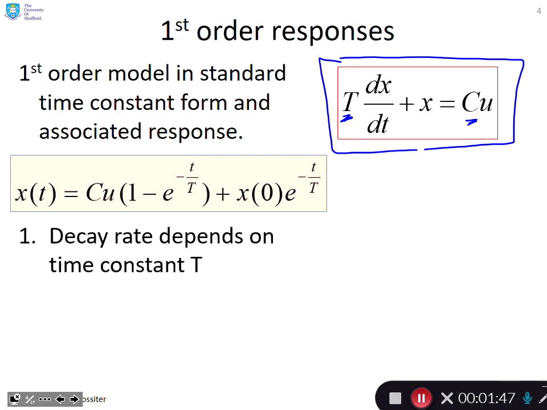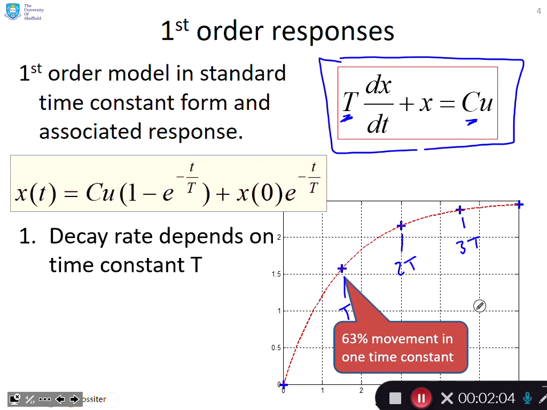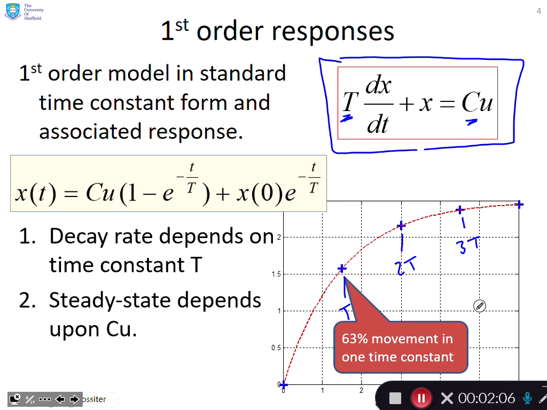You should know that the decay rate depends on the time constant T. Here I've marked those with these crosses, so 1T, 2T and 3T. And you should know also that when the system's frozen, the steady state depends upon this term here, CU. So that's basically, very briefly, what I would expect you to know about first order responses.